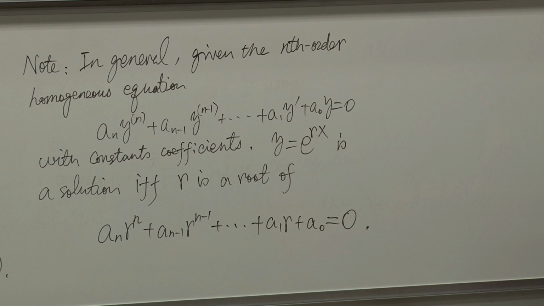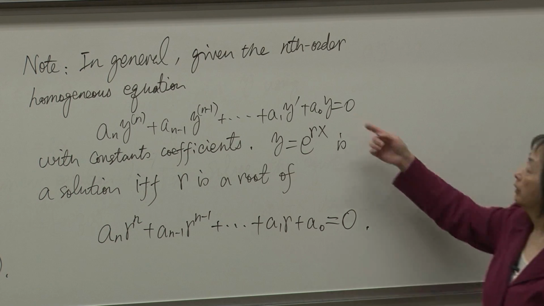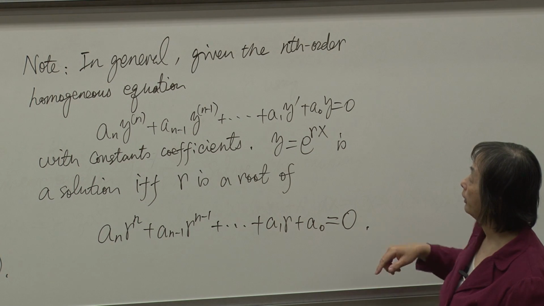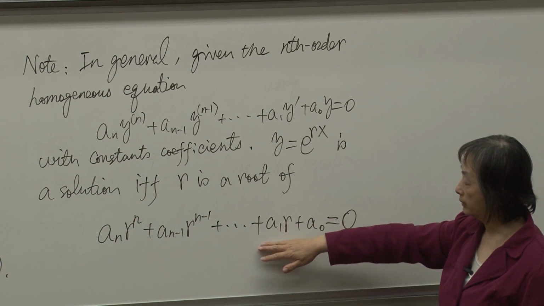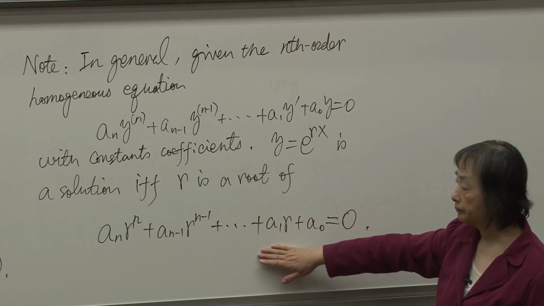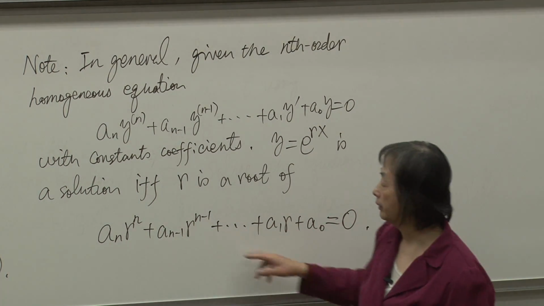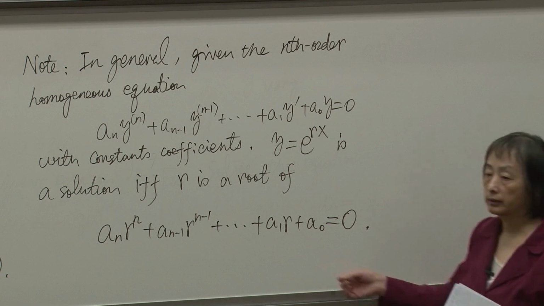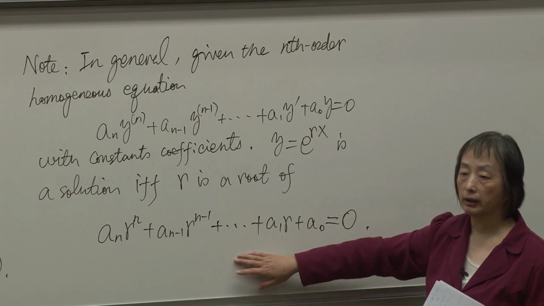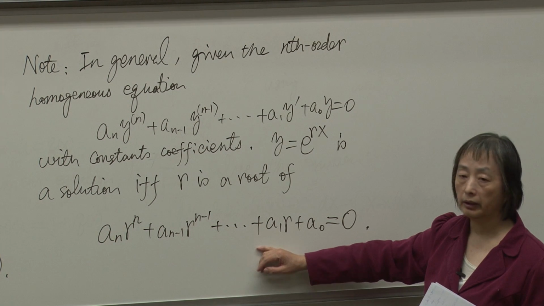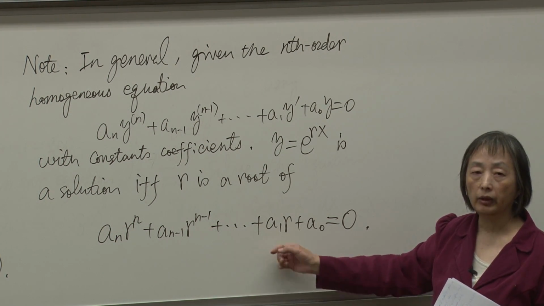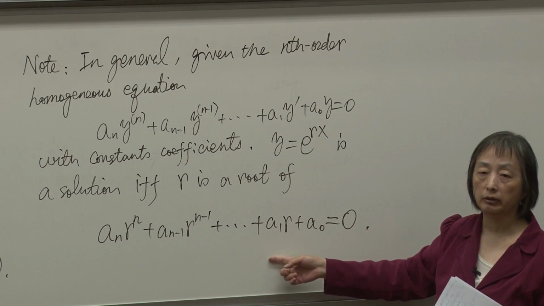So if we solve an nth order linear homogeneous ODE with constant coefficients, we still consider the auxiliary equation. If we can find n distinct real roots, then the general solution is a linear combination of these n linearly independent solutions. I think you have done an exercise for a third order equation, right?